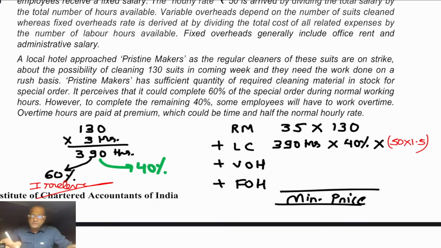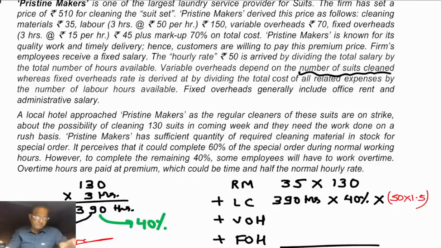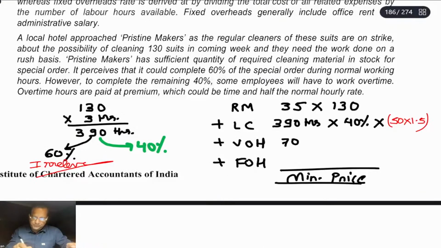Clear है? चलिए. Now regarding the variable overhead, they are given that they are dependent on number of foods cleaned. More the number of foods you are cleaning, the more will be the variable overhead, and the variable overhead is rupee 70. So it's 70 rupee into 130 foods, and the fixed overhead is irrelevant.